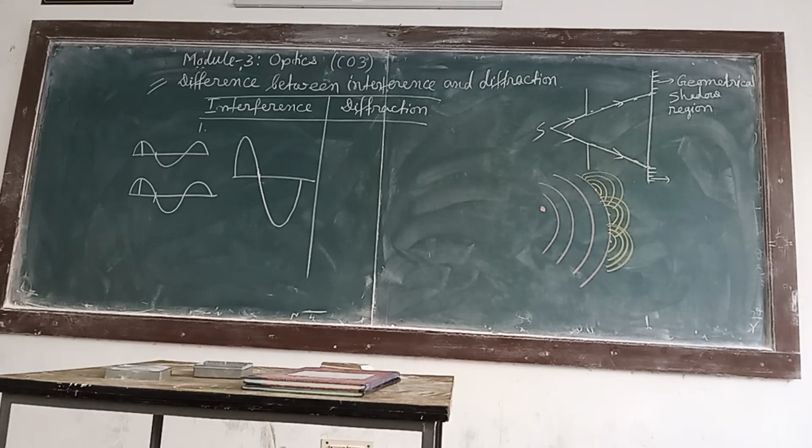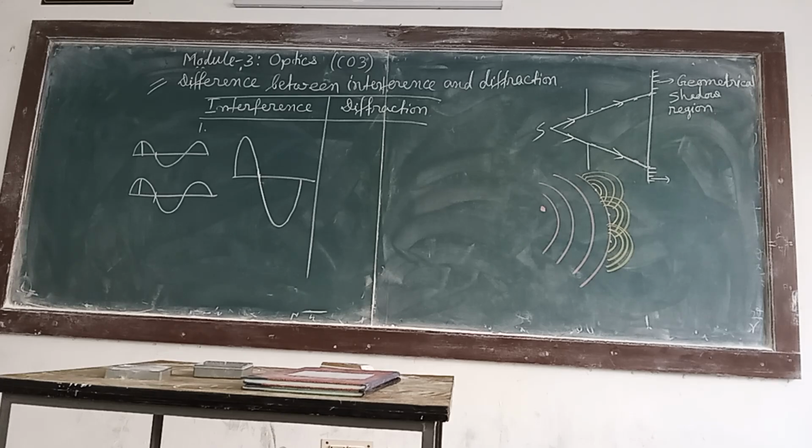In diffraction, number 3, the width of diffraction fringes are never equal.